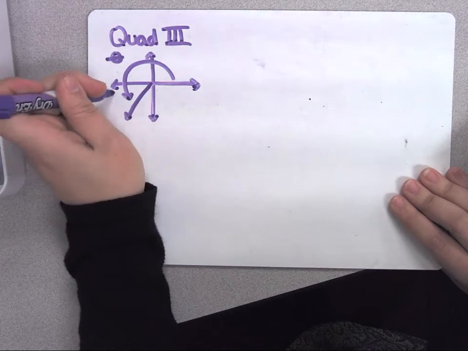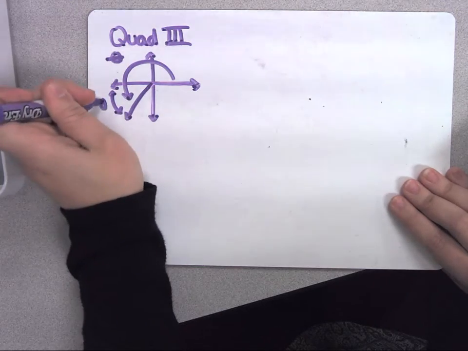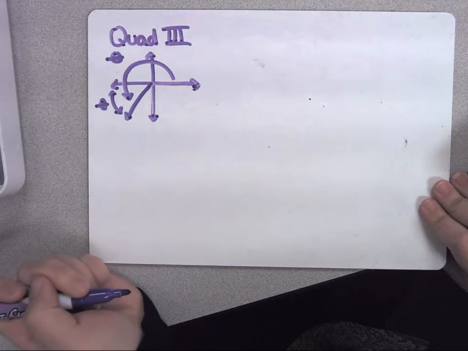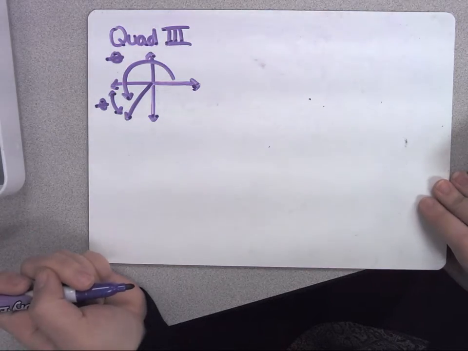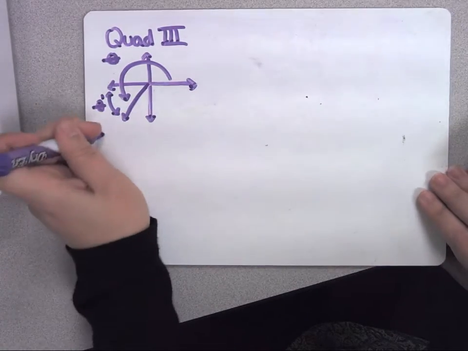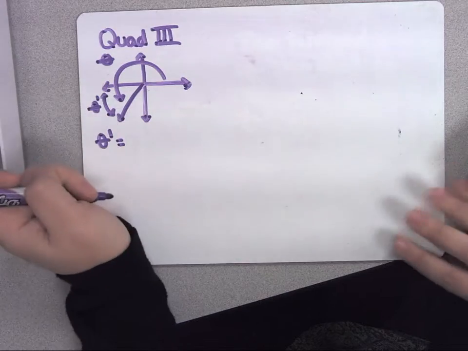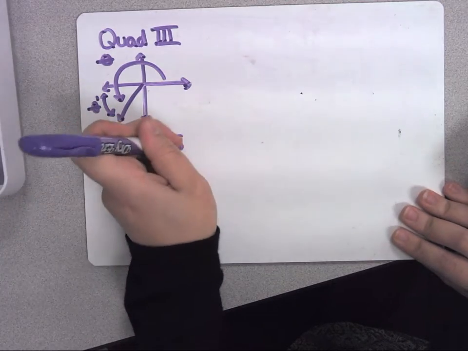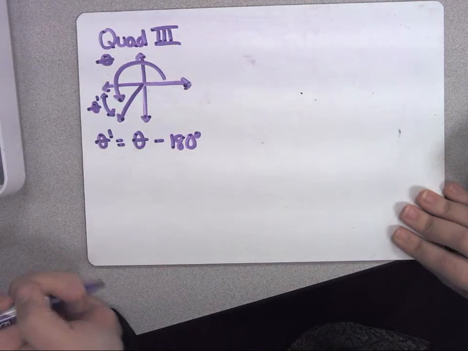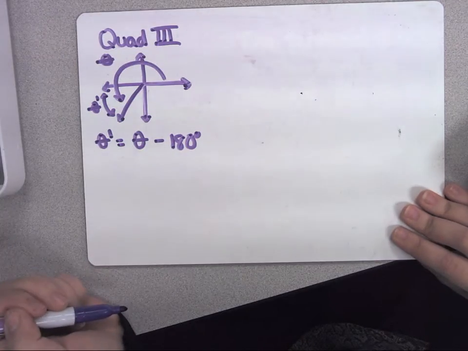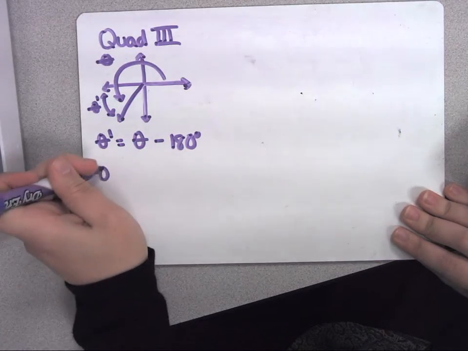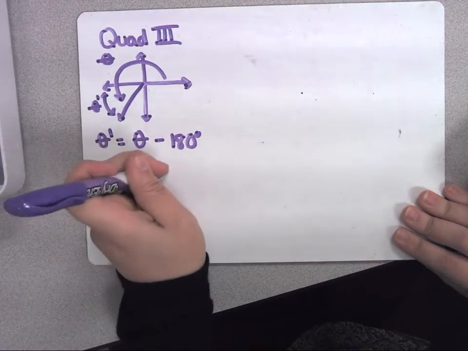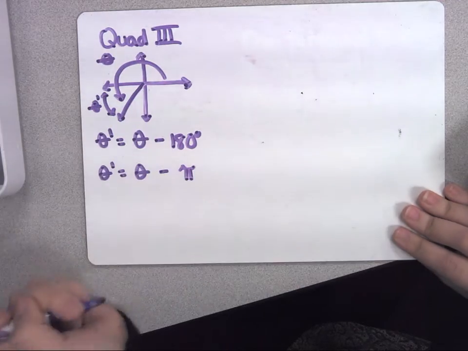Up. Our reference angle is this much. So we're kind of backtracking in this one. So for this one, our reference angle is theta minus 180 because theta is now bigger than it, or theta minus pi.